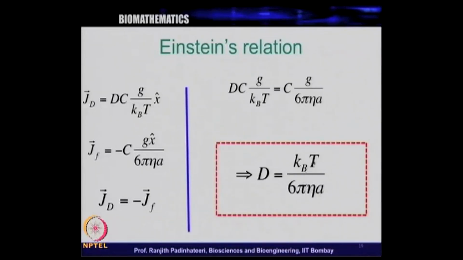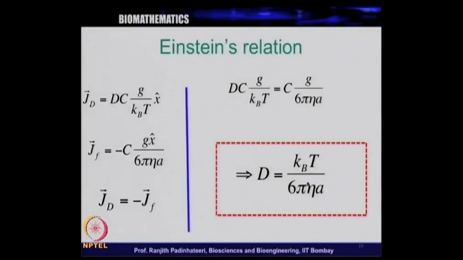What does it say? The more the temperature, the more the diffusion coefficient. The more the viscosity, this is inversely proportional. So, if viscosity is very large, the diffusion will be less, which is intuitively clear. Something might diffuse better in water and much less in honey, where honey has higher viscosity compared to water.